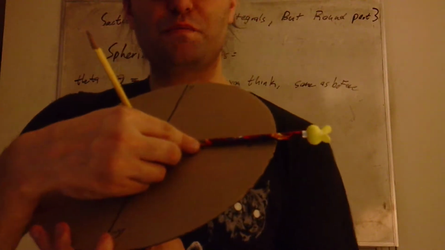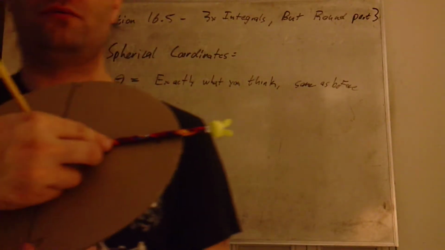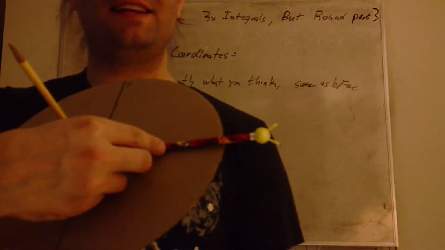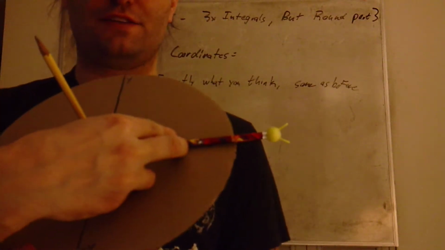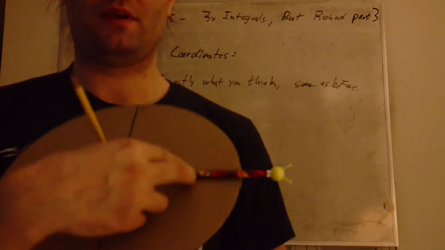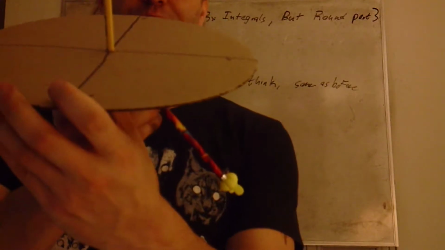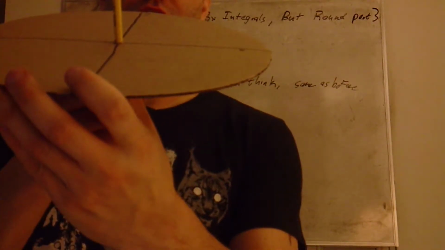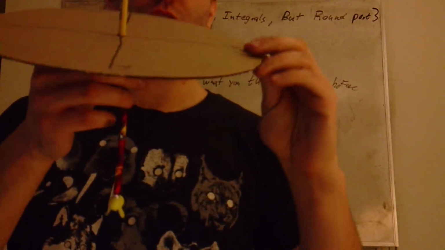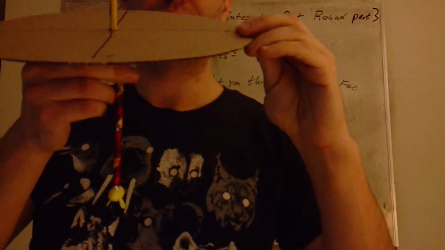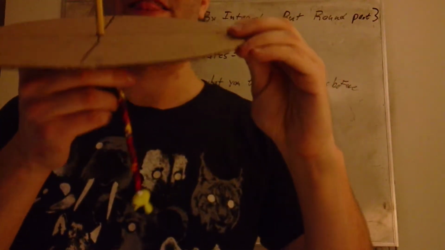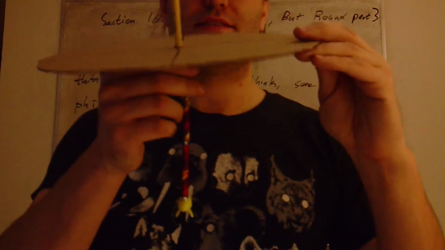Phi equals pi over 2. When phi hits 90 degrees, that's when it's on the xy plane. As you go higher than 90 degrees, you end up below the plane, until you get to 180 degrees, which is straight down. And that's where phi ends.